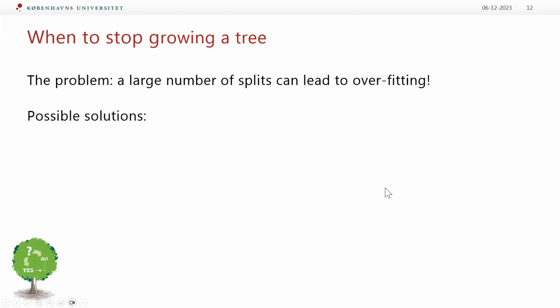Okay, so that was a simple example of how to grow a tree. And you can, in principle, continue to grow the tree until you end up with entirely pure nodes. But you may not want to do that, because there's a great chance that many of those leaf nodes will contain just one or maybe very few observations.